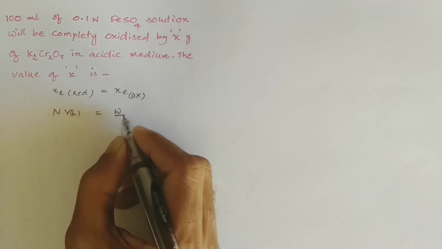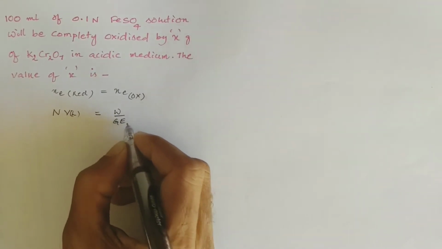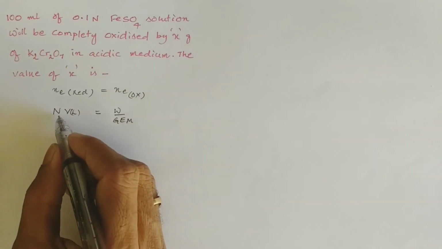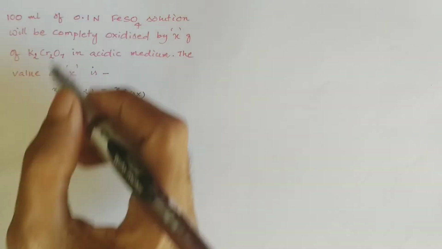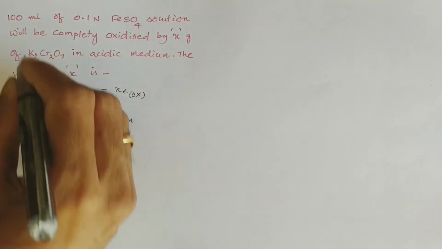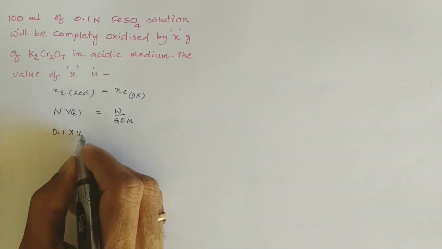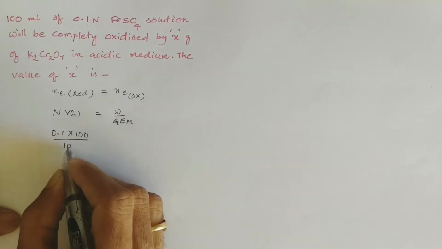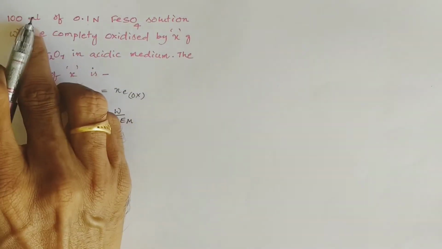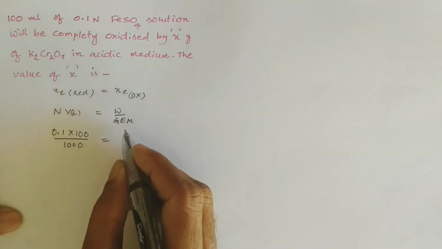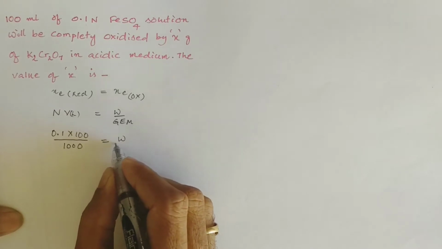So here normality is given, that is 0.1 normal, and volume is 100 milliliters. Now divide by 1000, you will get the number of equivalents of reducing agent, and that is equal to mass by gram equivalent mass.